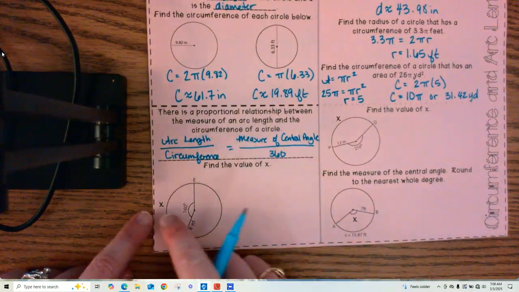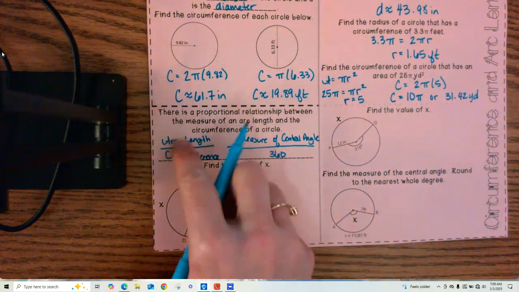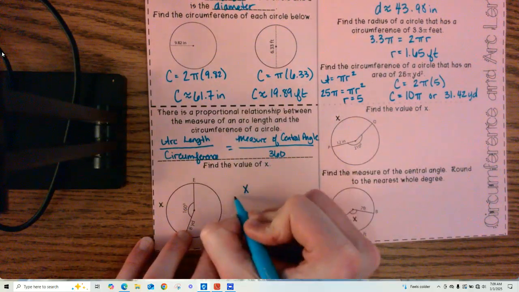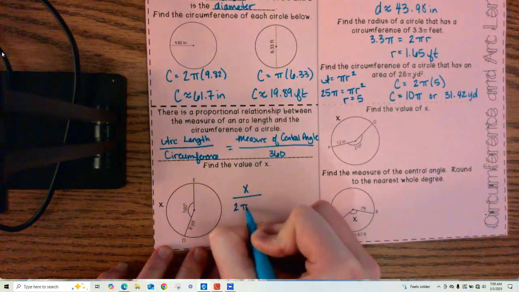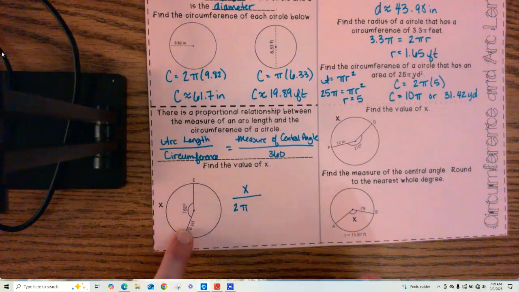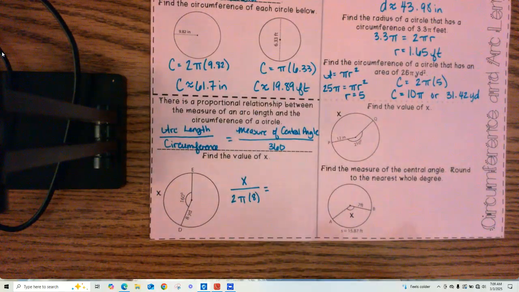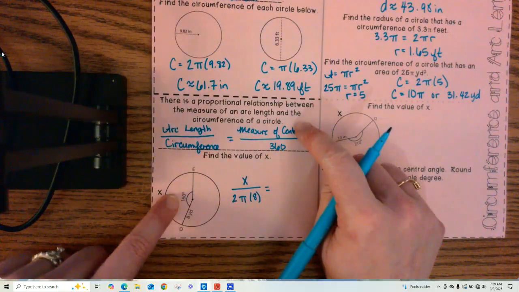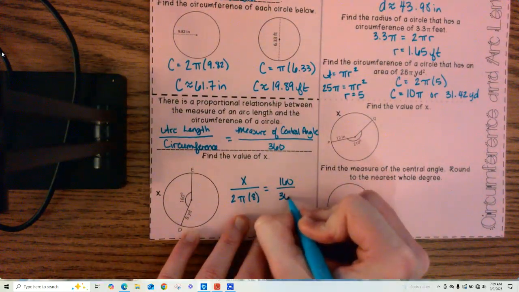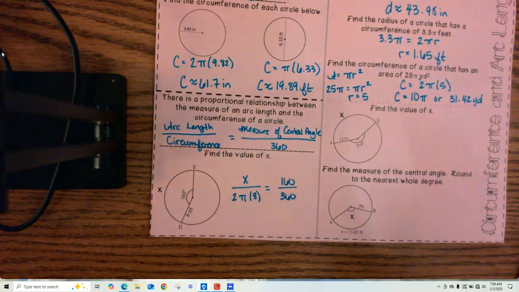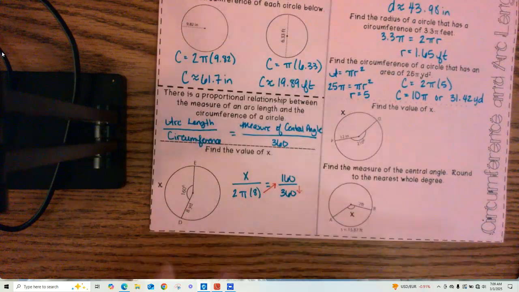So this says find the value of x. x is representing the arc length here, so that's this piece on top. The circumference is going to be 2 times pi times the radius, 8. I'm not even breaking it down before I start. The measure of the central angle, that's this piece here, this 160 over 360. To solve this, we cross multiply and then divide.